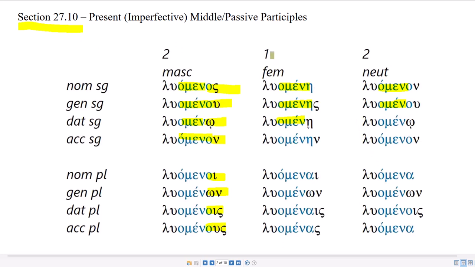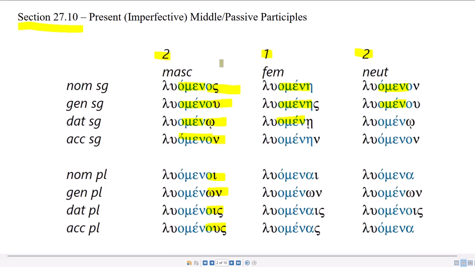And then the feminine is always first declension. We're just going to see the first declension again, and these are all going to be eta for the middles. So we're going to have e, es, e, en, ai, on, ais, as. So these are much more friendly. This is what we're used to seeing for second declension in the masculine and neuter, and then the first declension in the feminines.